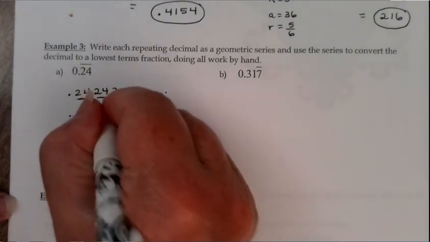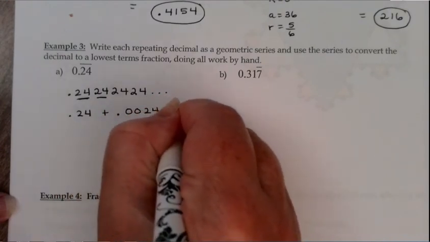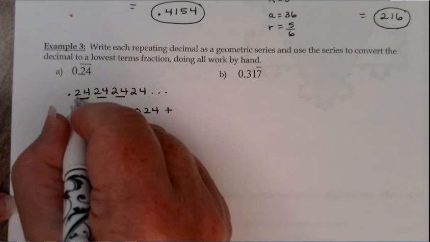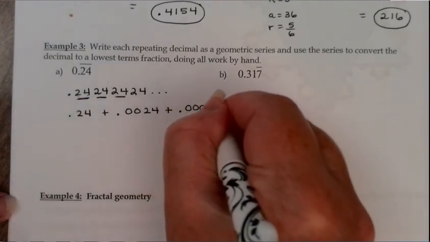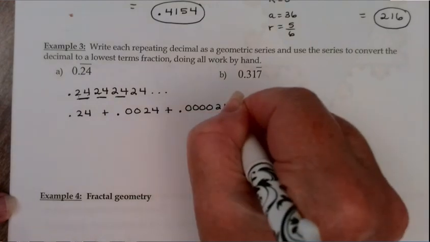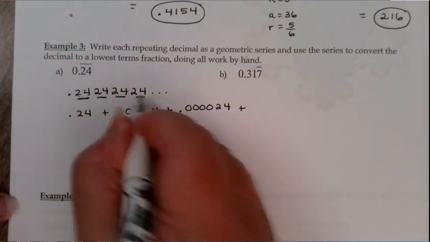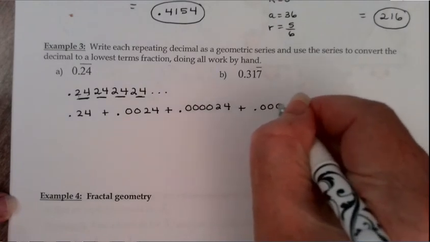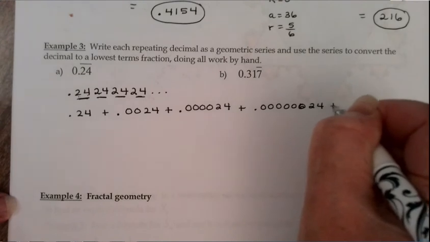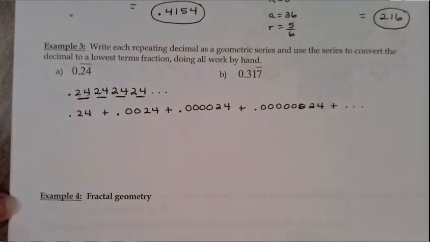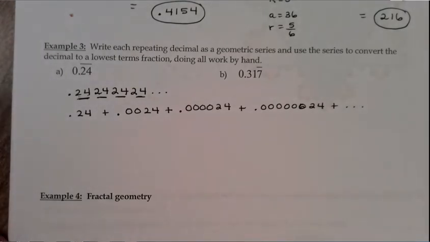And then I'm going to add this one, which is actually 0.0024. And then this next one would have 4 zeros in front of it, 24. And then 1, 2, 3, 4, 5, 6 zeros, and then a 24, and so on. Don't worry about using up the space. I've got space at the bottom of the page to do the 0.317.